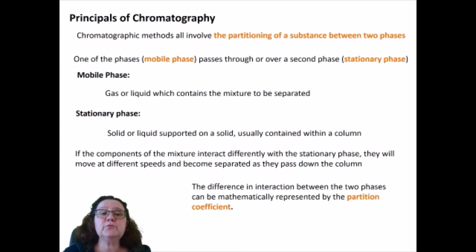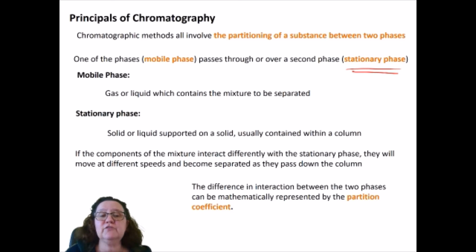One of the phases, we call that the mobile phase, and that is the one that is literally going to be moving. It will be a solvent, a gas or a liquid, that will pass over the second phase. And we call that second phase the stationary phase because it's the one that doesn't move. And so the mobile phase can be a gas or a liquid or a mixture of liquids. And it will be the one that does the separation.